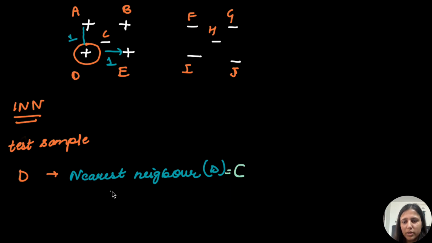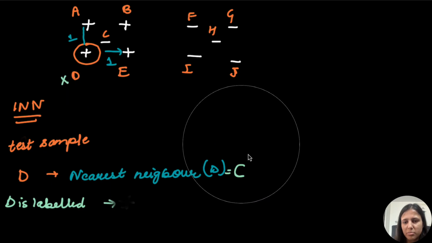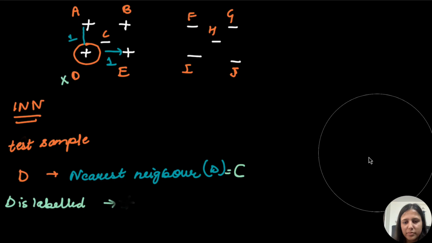So D is labeled according to C. Actually, sorry, so the nearest neighbor of D is C, the label of C is negative, so D will actually be labeled negative. The true label of D is positive, so D is incorrectly classified.